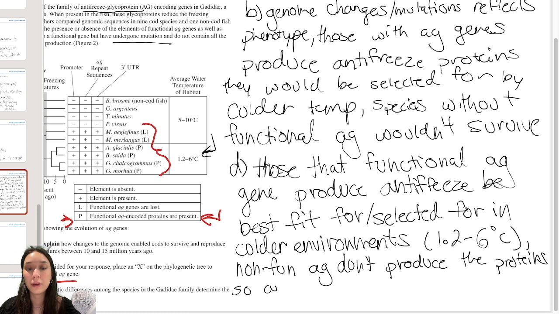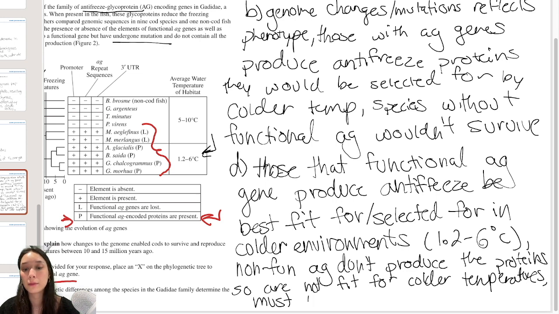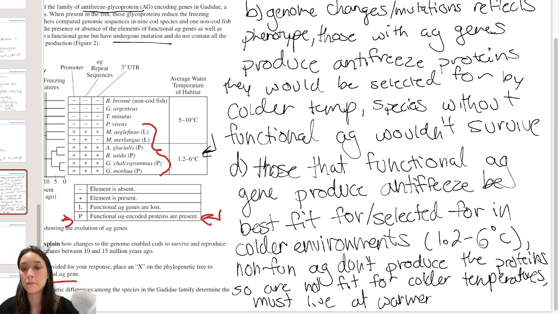So they're not fit for the colder temperatures, and therefore they must live at warmer temperatures. And then you can include the actual metric here, so 5 to 10 degrees Celsius.